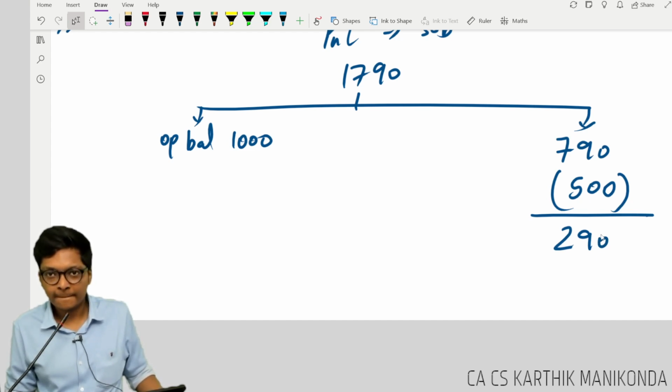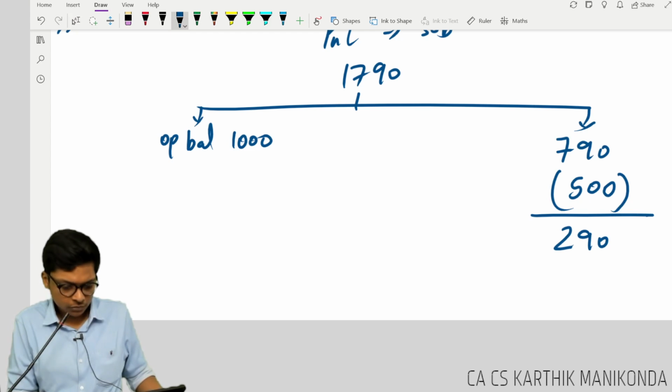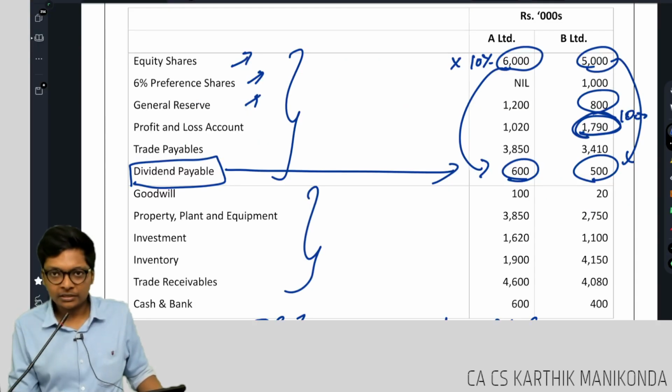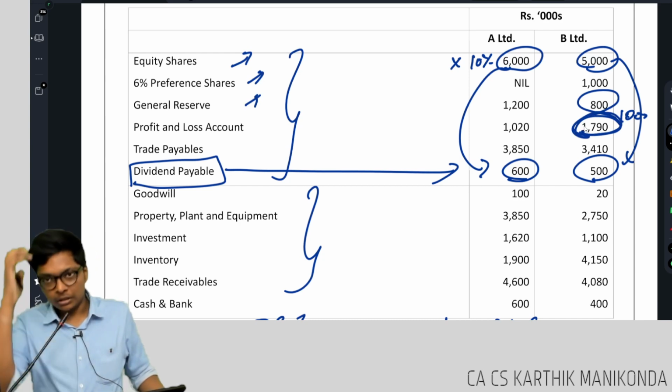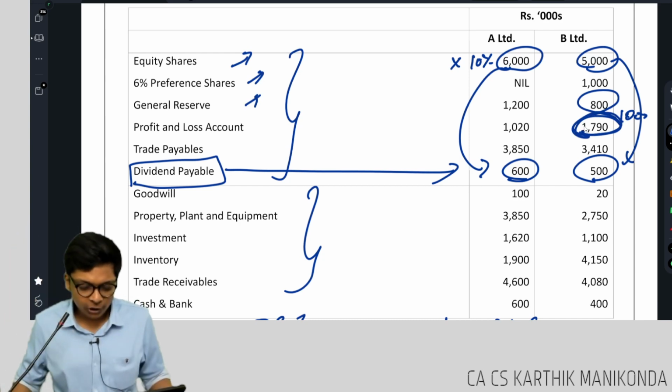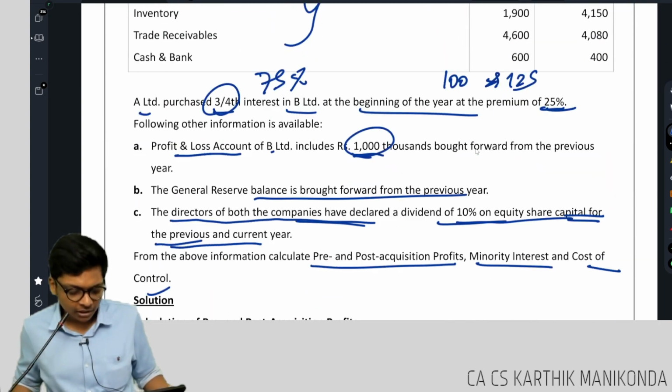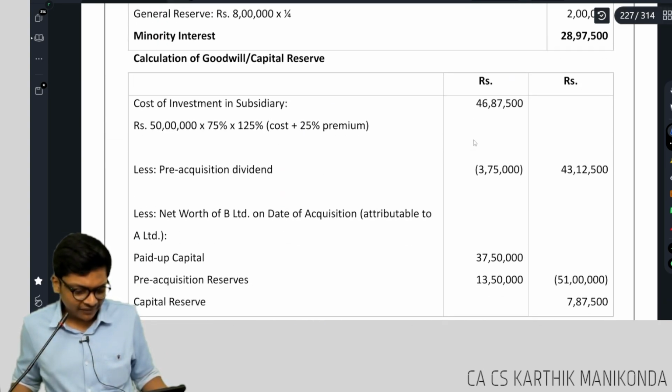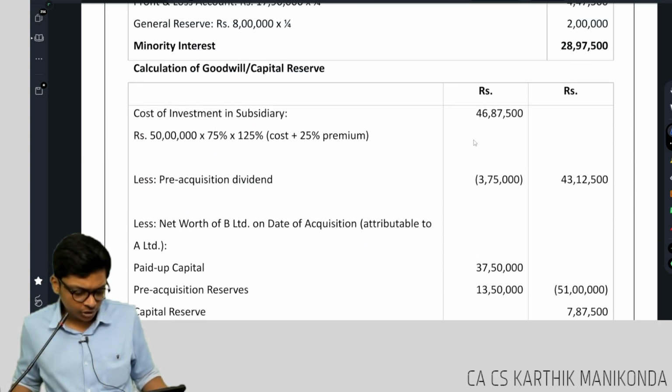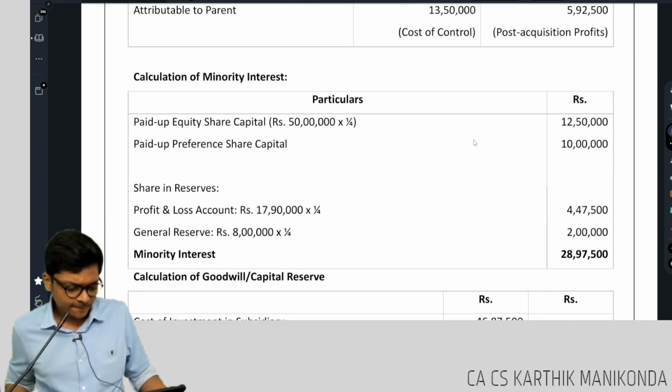Yes. Correct, closing balance. Your closing balance. I am assuming it to be closing balance because no other data is given. Let's see what they have done. Working note. It should be closing only.